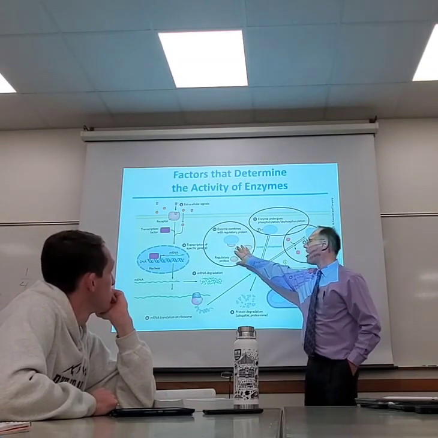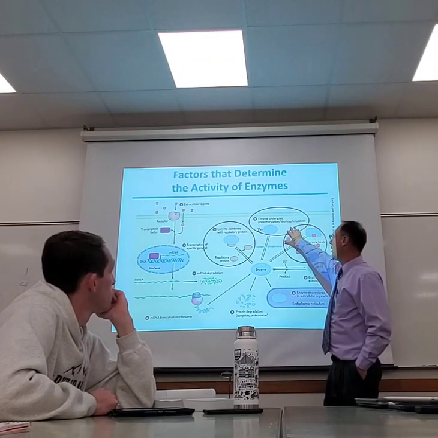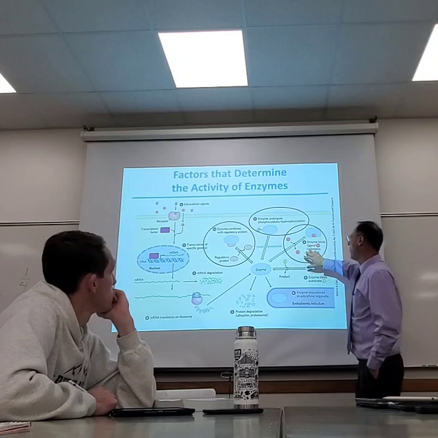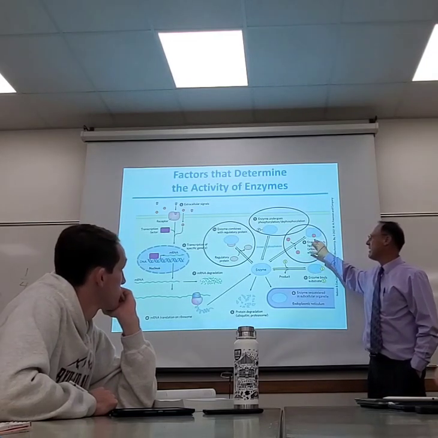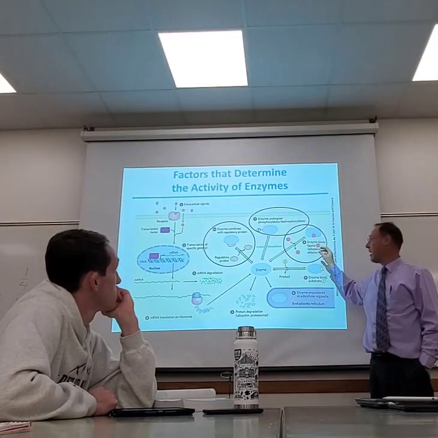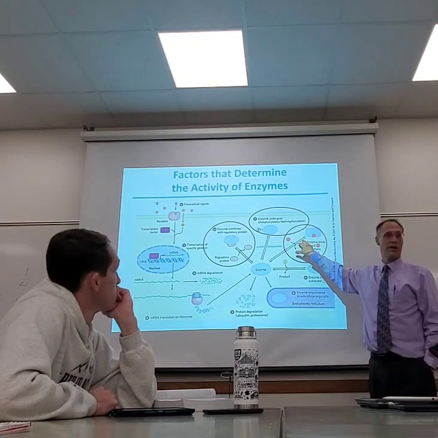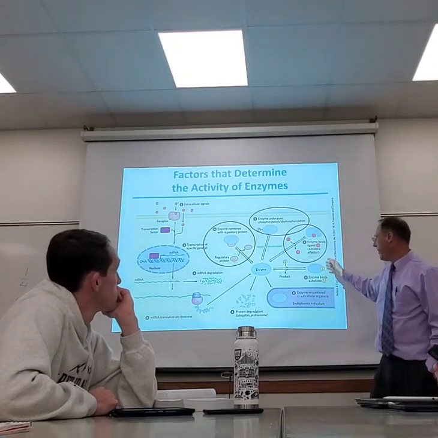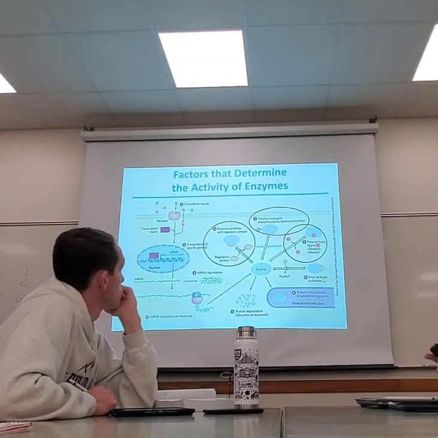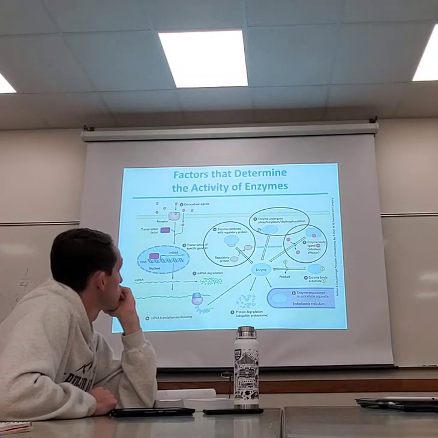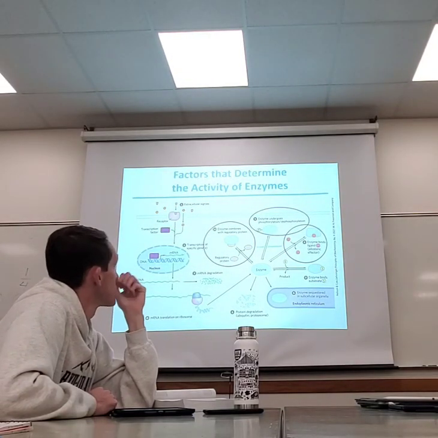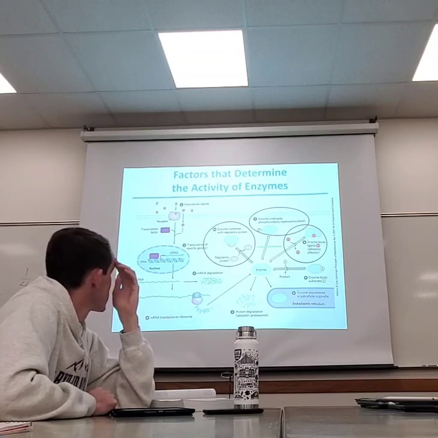All right. You could also attach a regulatory protein, or you could phosphorylate your enzyme, or you could have a ligand that binds, not in the active site, but binds and changes the shape of it. Those are the ones we're interested in right now. Then, yeah, the substrate binding, or just sequestering the enzyme somewhere else. These are ways I could affect how fast the enzyme's working, and we deal with that in metabolism because that's how we alter concentrations.